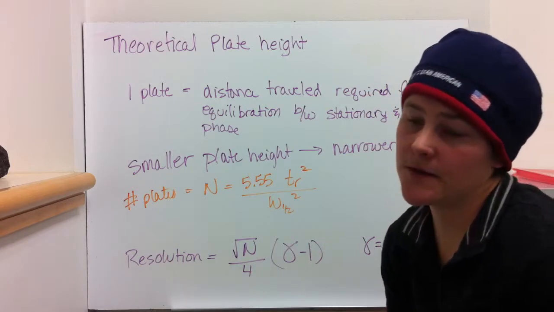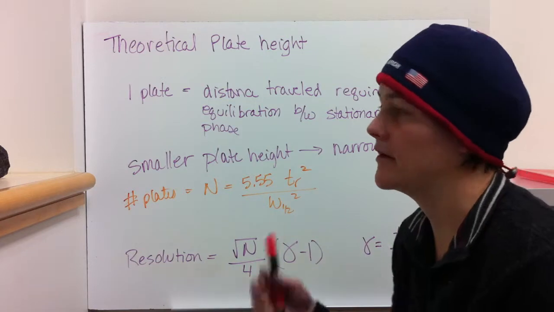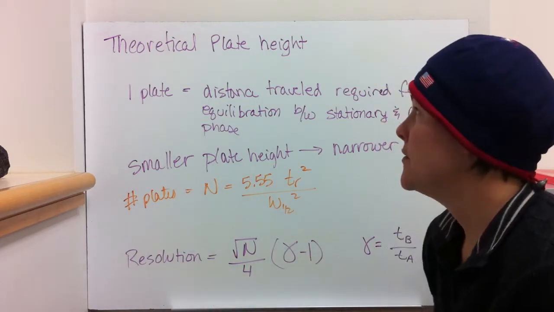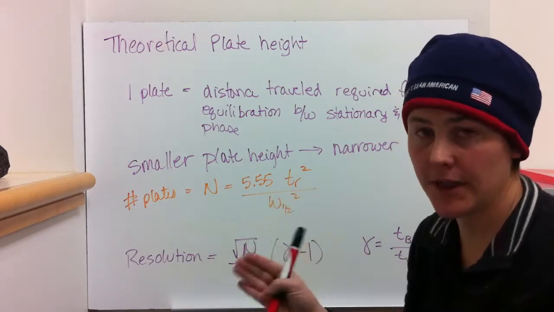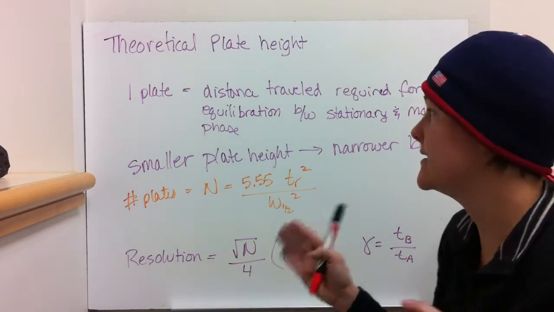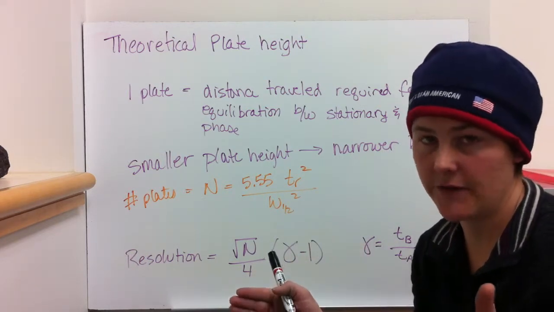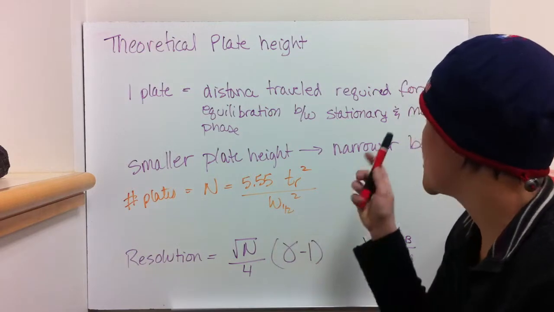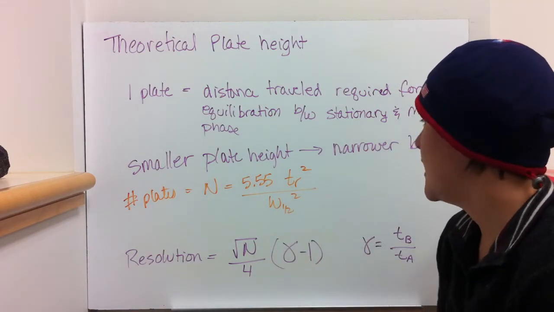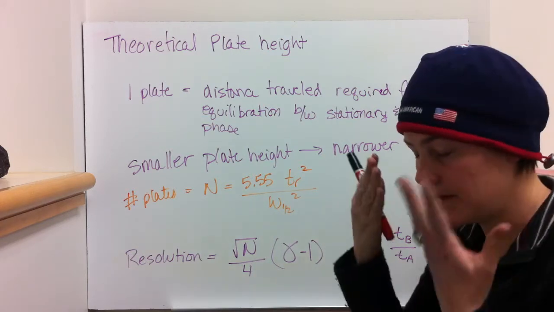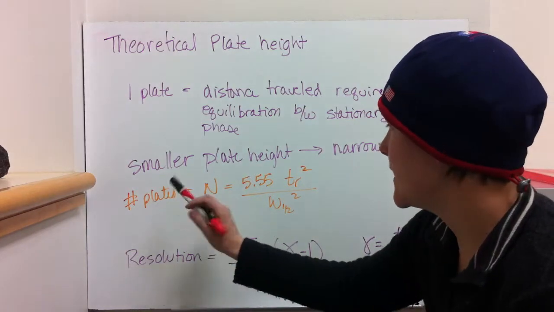You can also think about your column in terms of a theoretical plate height. One plate is defined as the distance that your solute and solvent would travel over which you would have one period for equilibration between the stationary and mobile phase. So this is theoretical, but you can calculate it.